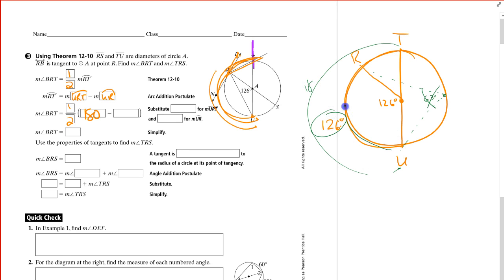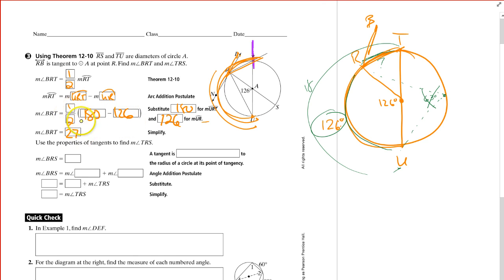This whole thing is 126. So how much is this part of it? A little math here. We're substituting the 180 for URT, substituting the 126 for UR, and we get this arc length from B to R to T would be 54, because 180 take away 126 is 54.